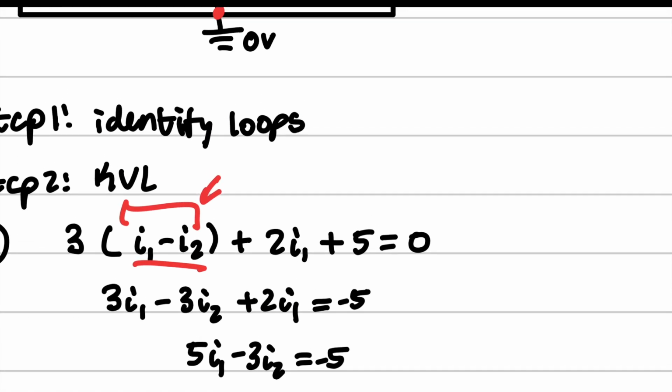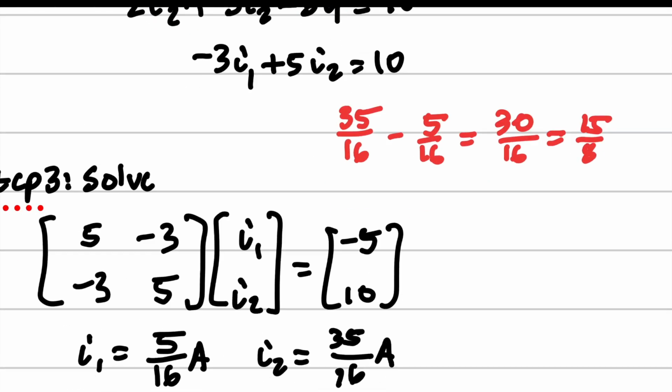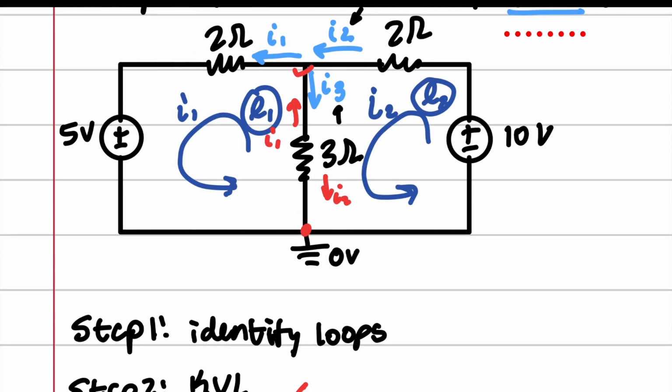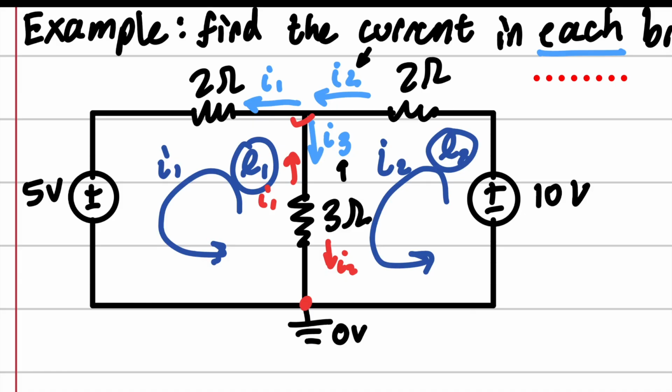Long story short, I would not use these, because you could get confused. I get confused. So why don't you just straight up use the rule that you were given, the law that you were given? Call it at that node, even though you're doing loop analysis, to find that other branch. Another thing that you could do is you could call this I3 and not have it split up.